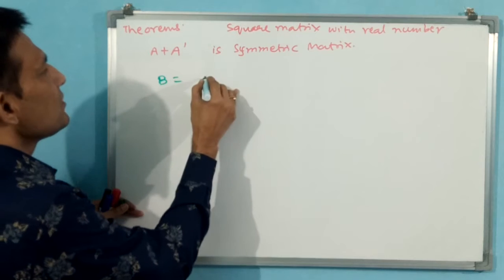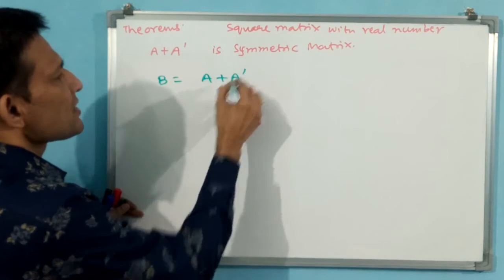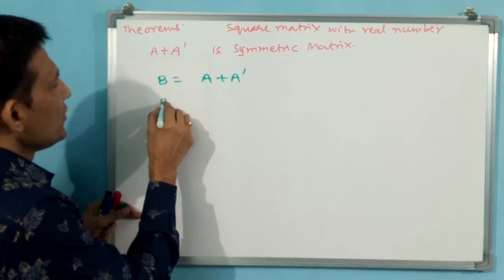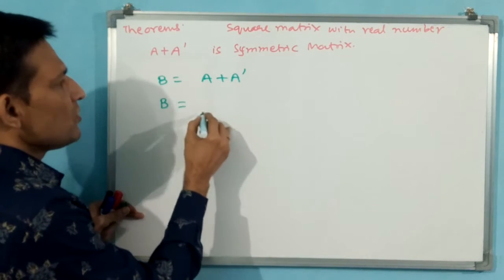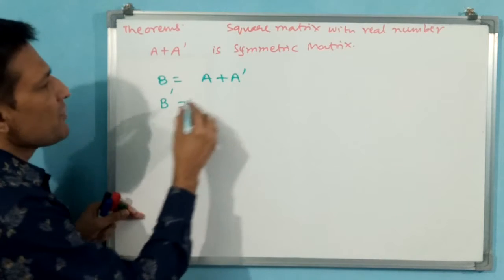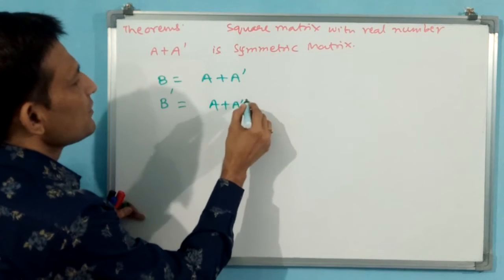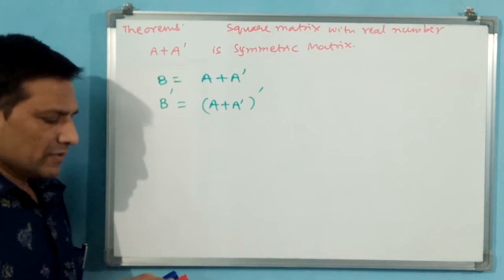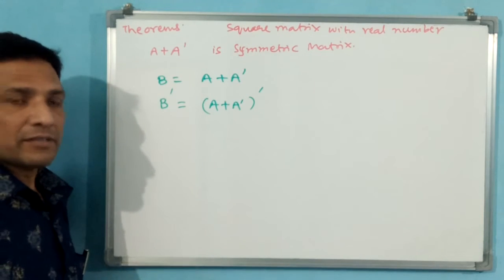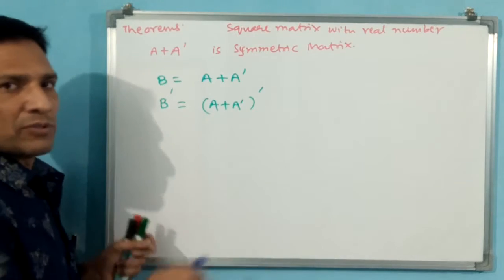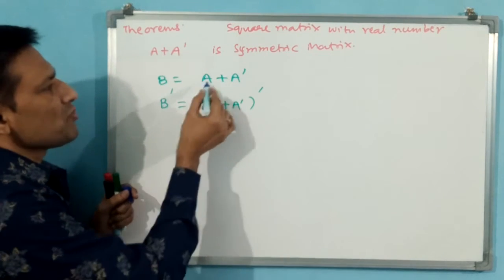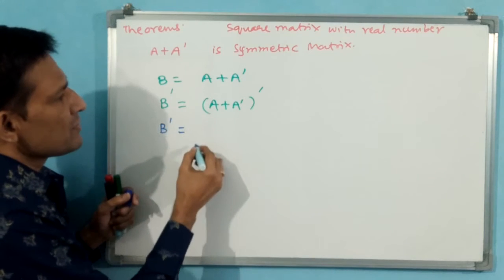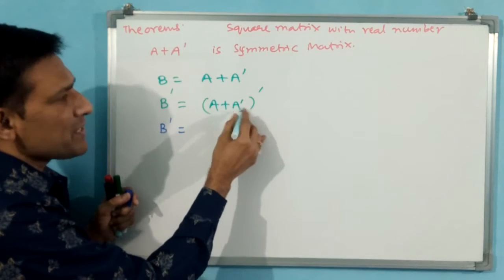Let B is equal to A plus A transpose. Now B transpose is equal to A plus A transpose whole transpose. Do you understand this? Why? Because both sides we have transposed. Here B transpose means completely A plus A transpose you have to transpose.